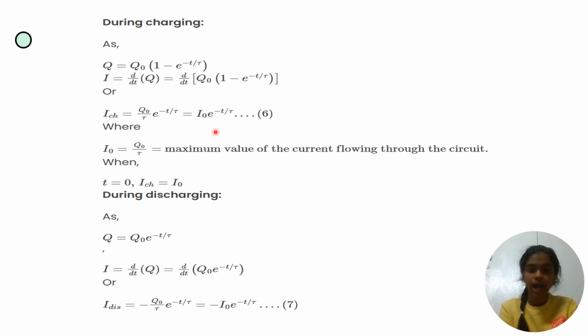Current is given by I naught into e power minus t by tau, just by differentiating this expression. And during discharging, we get that Q is equal to Q naught into e power minus t by tau, and I discharging is given by minus I naught into e power minus t by tau. These are the expressions for current.